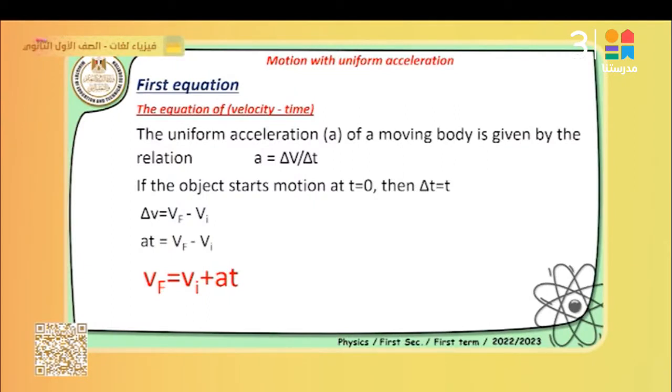And by substituting the value of delta V, which is V final minus V initial, in the first relation, we get the first simple equation of motion, which expresses the final velocity of the object after a definite time. V final equal V initial plus AT. And this is the relation between the final velocity and the acceleration during a specific time.